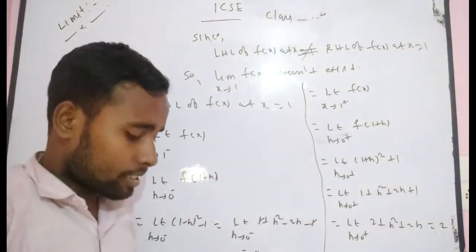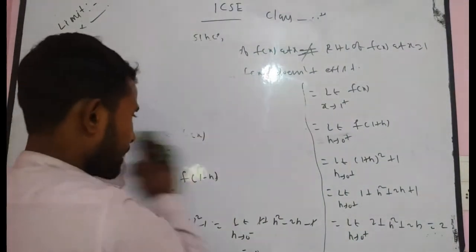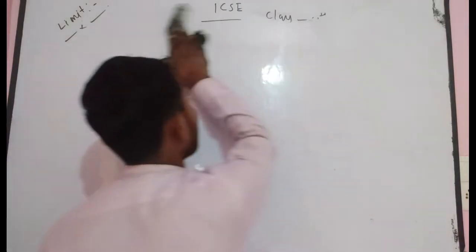This is the way by which we check the existence of a limit. I think you understand. Again, I take the next problem for you.